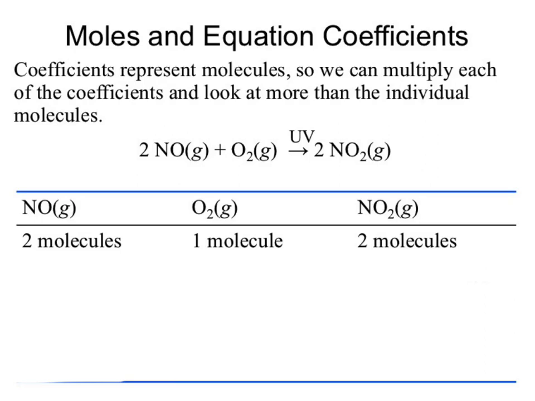Well, what if instead of two molecules, I started with 2,000 molecules of the nitrogen monoxide? How many molecules of oxygen would I need to react with it? Why do you know it's 1,000?